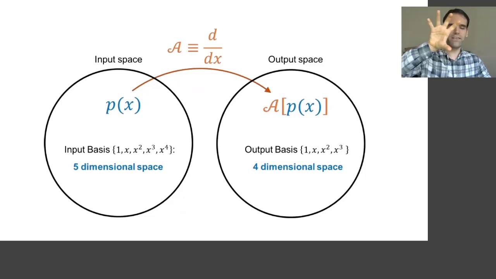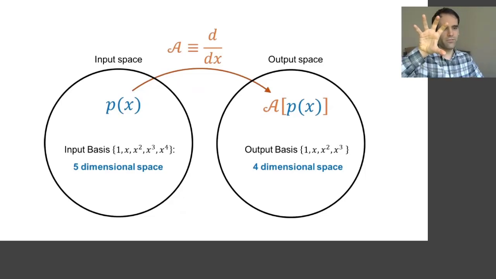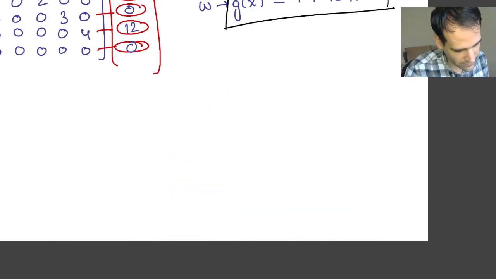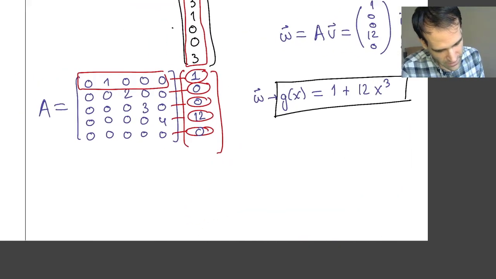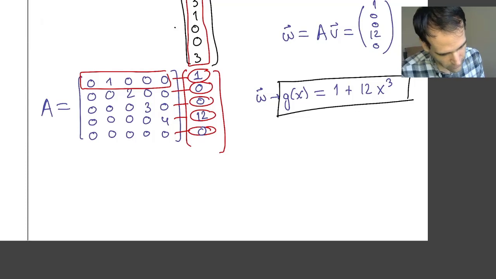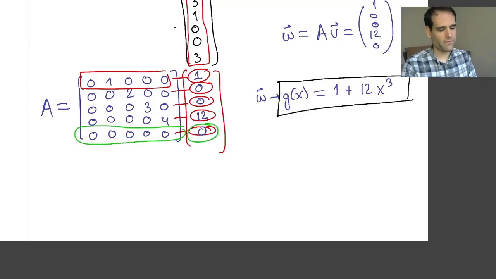Here I have a Venn diagram showing what's happening. We have the input space on the left, which is the space of polynomials of degree up to 4. We are applying this transformation A, which is the derivative, and the output space is this space of polynomials. Notice one thing. The reason I made this diagram is because the last row of the matrix was all zeros, which means that the last element of the output vector is always going to be 0.